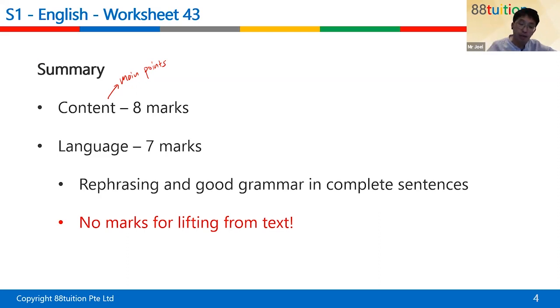So what this point system here actually means is 8 marks would mean 8 content points. So the moment you pick the 8 ideas out, you're scoring 8 content points already.